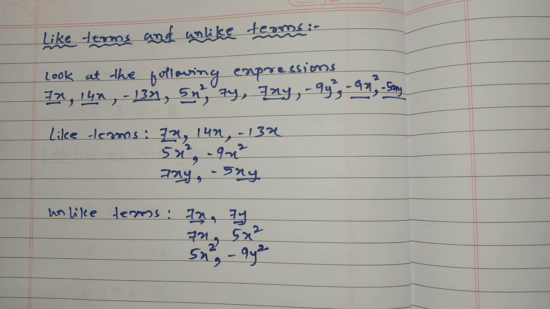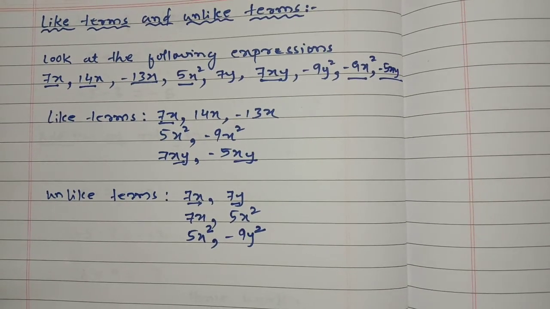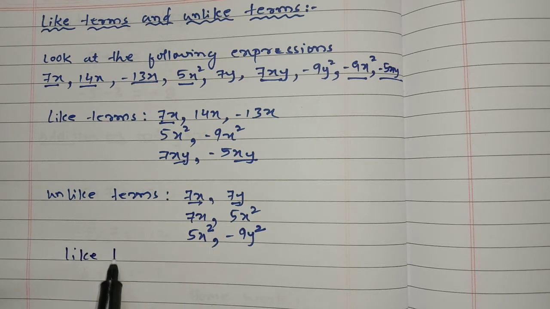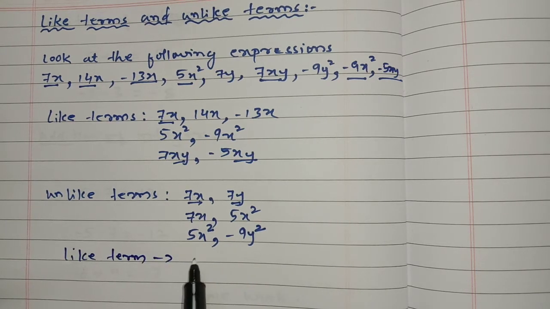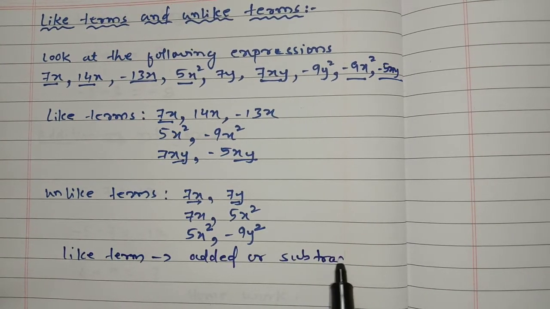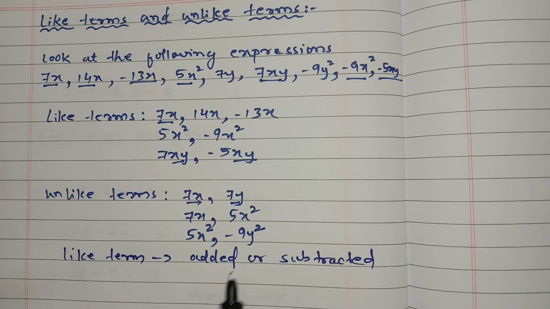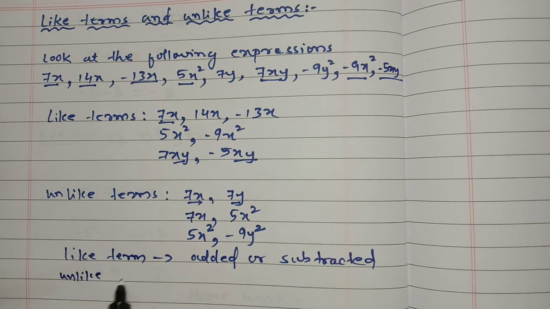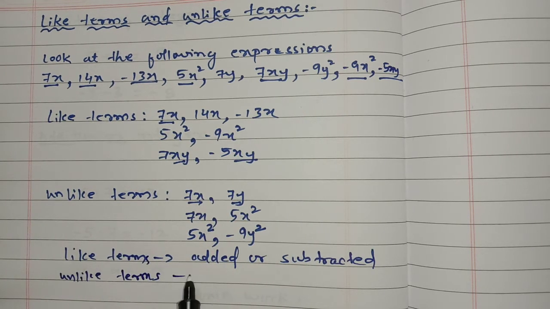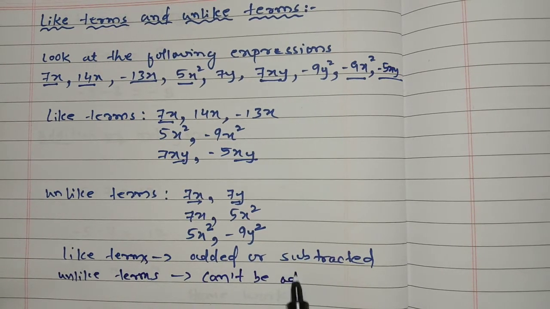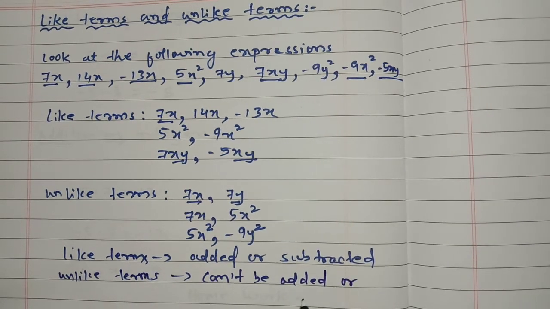Now I want to show you something. Keep in mind, it is very important. In the last video also I told you only like terms can be added or subtracted. Unlike terms cannot be added or subtracted.